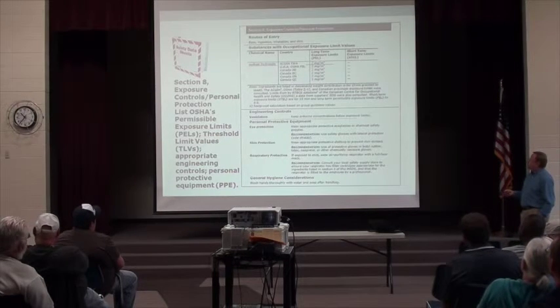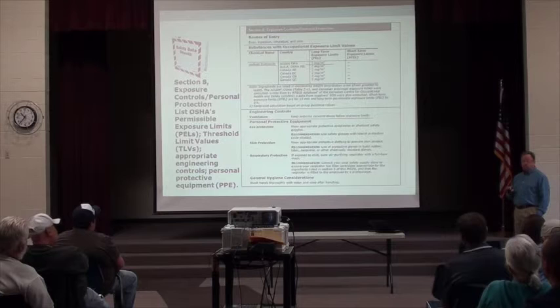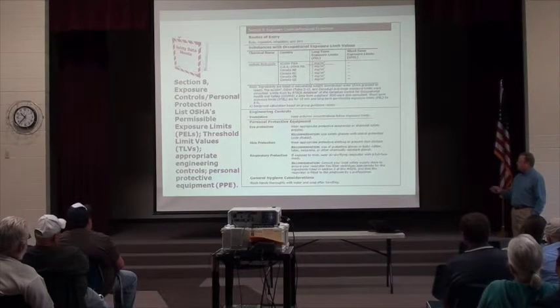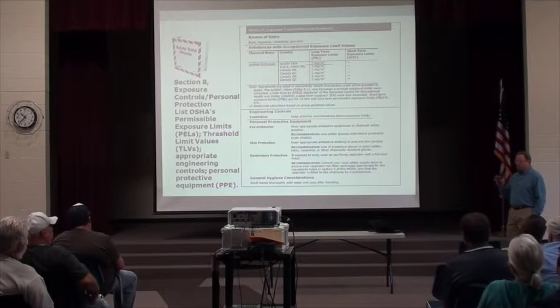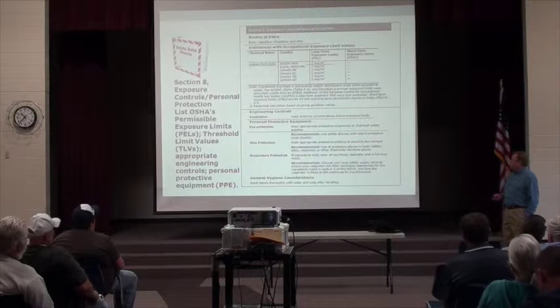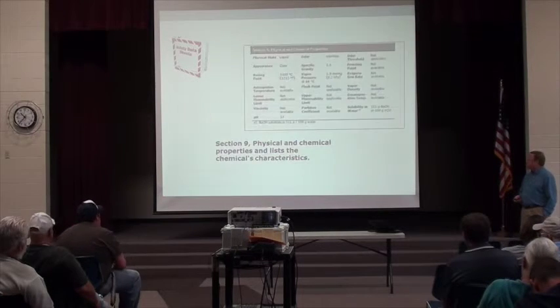But also down here it says engineering control, ventilation. Most chemicals that you will work with, if they produce any vapor or mist, you'll hear this word ventilation. Keep airborne constantly below exposure limits. In other words, it's going to say use in a well-ventilated room. Also, again, it tells you about the personal protective equipment.